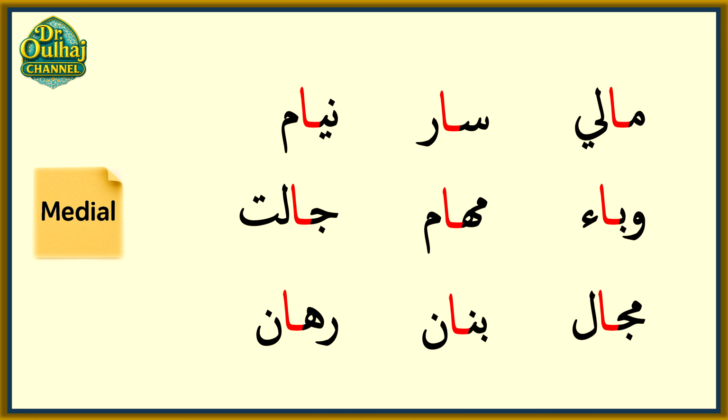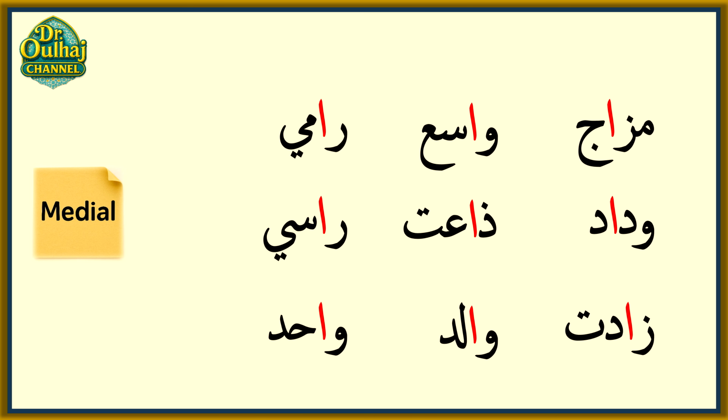In the medial position, Alif can appear in two ways, connected to the letter before, as in the following words, or standing on its own when it follows a non-connecting letter, as in the following words.